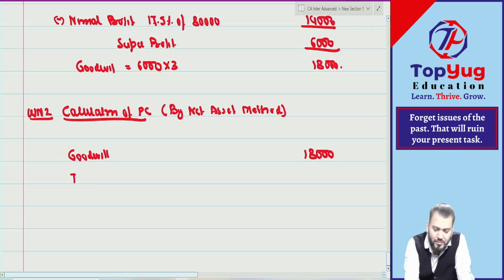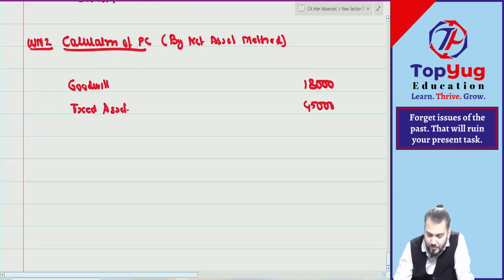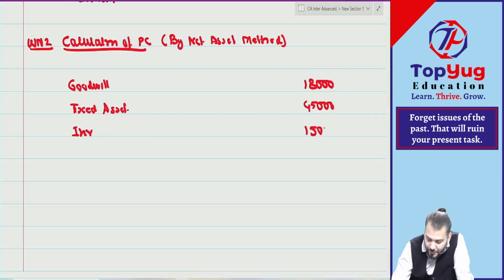How many assets are there? The fixed asset how much? 45,000. This is given at book value, means this is actually fair value taken over at book value. Investment how much? 15,000. Stock how much? 10,000.